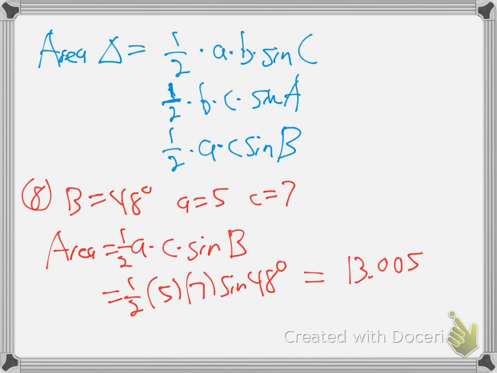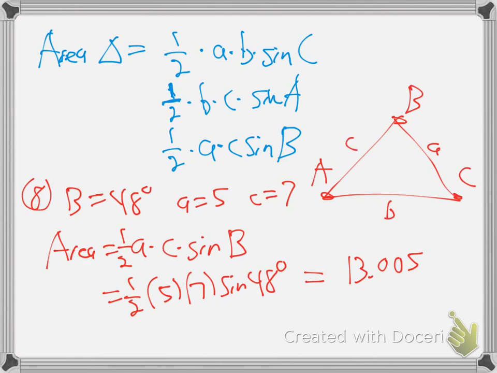Is that good? So it's a new way of finding the area of a triangle using the sine. In the triangle ABC here, here's A, B, and C. Here's little a, little b, little c.